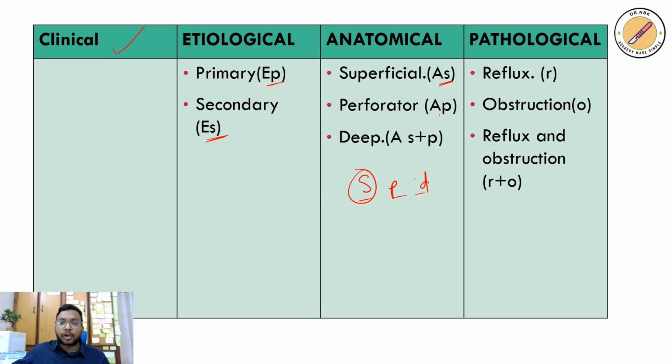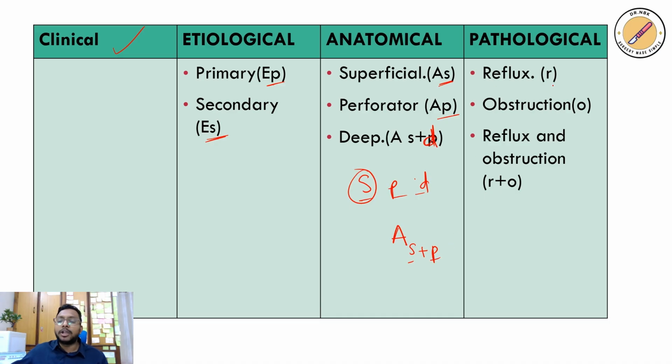Whenever there is perforator incompetence, you call it as AP. Whenever you have got both superficial and deep, you call it as AS plus D. And whenever you have got superficial vein, that means either great saphenous vein or short saphenous vein incompetence, along with perforator incompetence, then you call it as AS plus P, superficial and perforator.